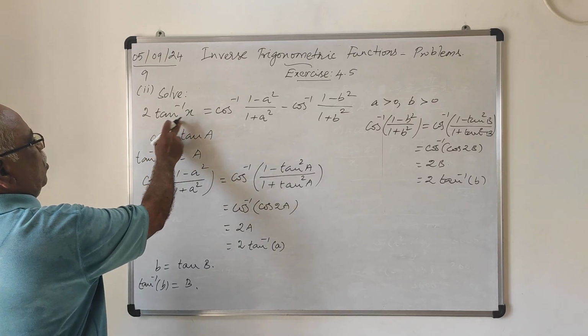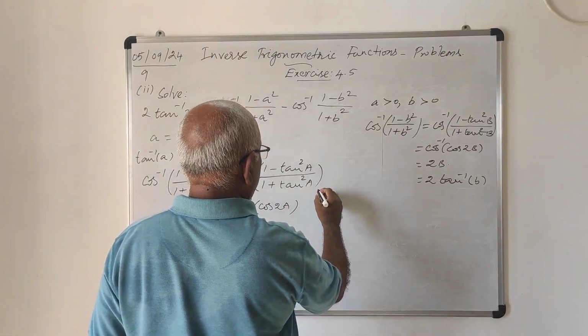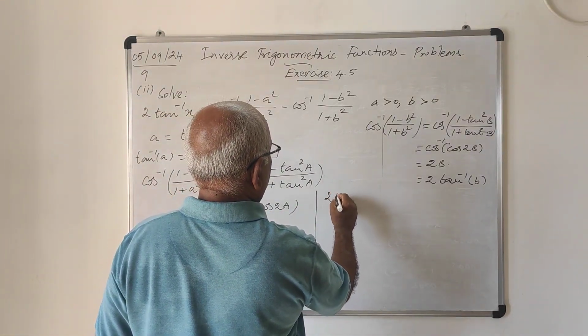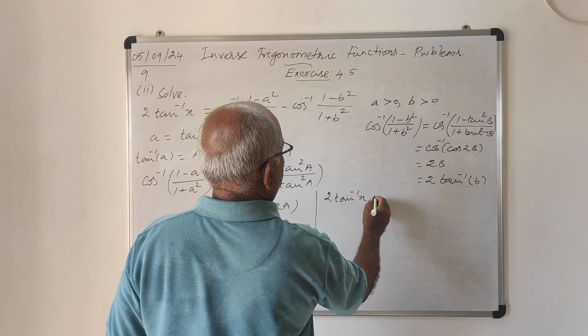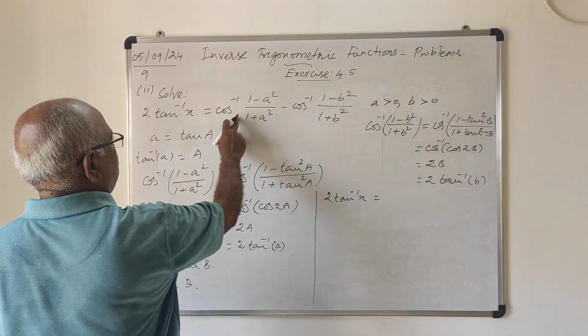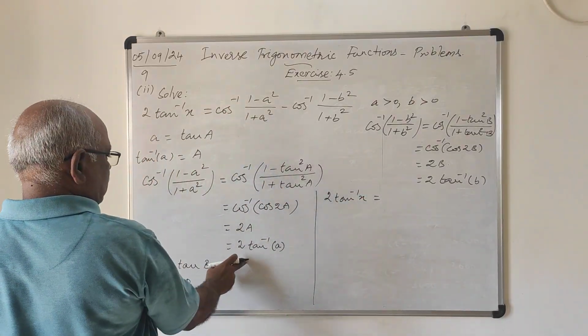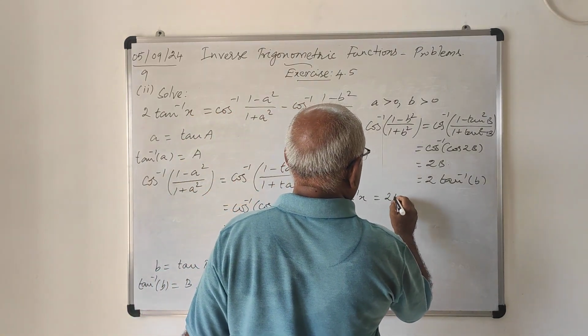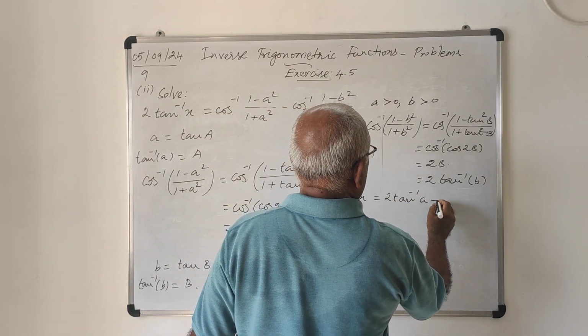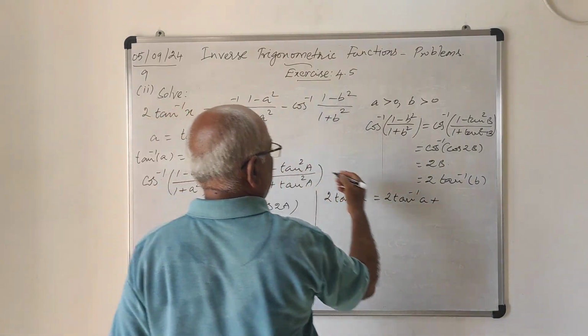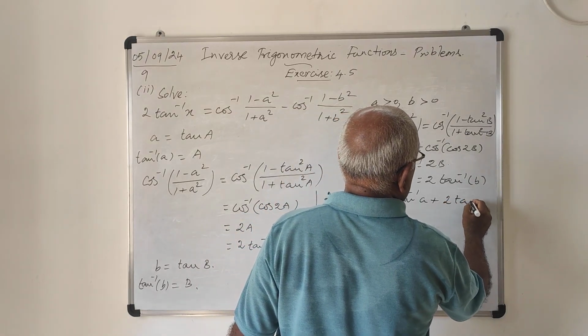So the problem now reduces to tan inverse of x equal to 2 tan inverse of a plus 2 tan inverse of b.